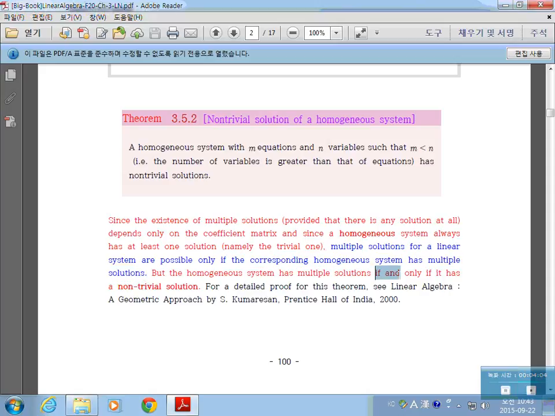This happens if and only if it has a non-trivial solution. So if a homogeneous linear system has a non-trivial solution, that means it has infinitely many solutions, and vice versa.